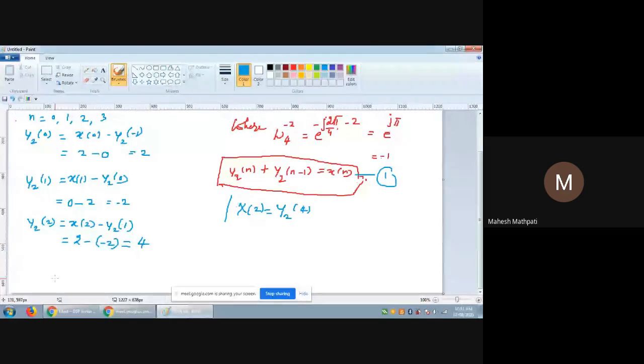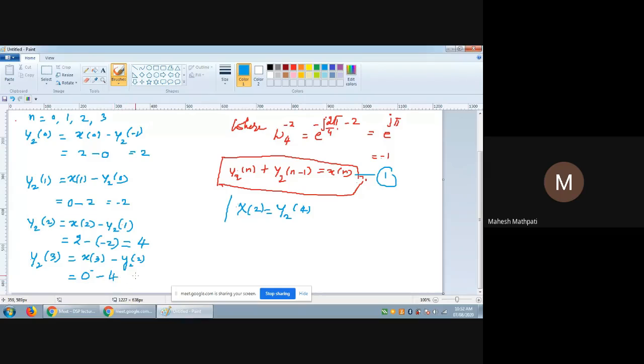And lastly, we calculate for n equals 3. So y2 of 3 is equal to x of 3 minus y2 of 2. What is the value of x of 3? It is again 0, minus 4.